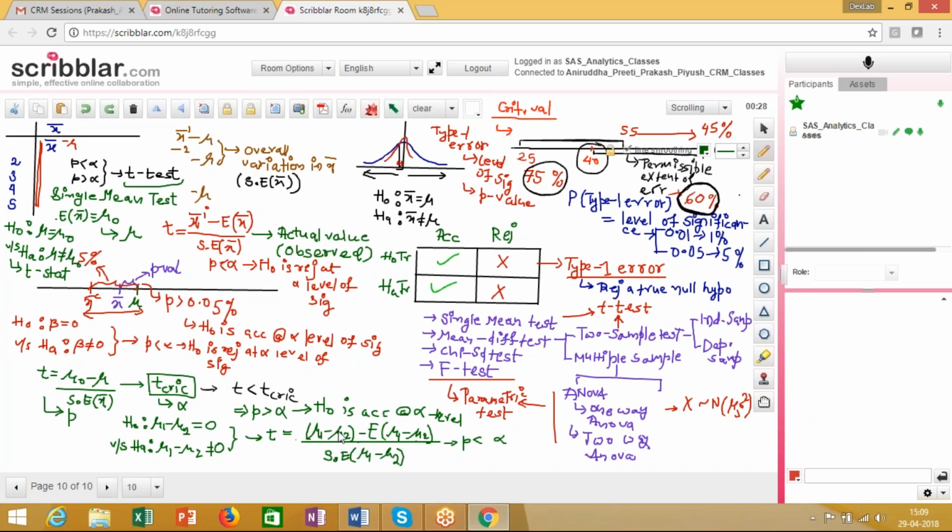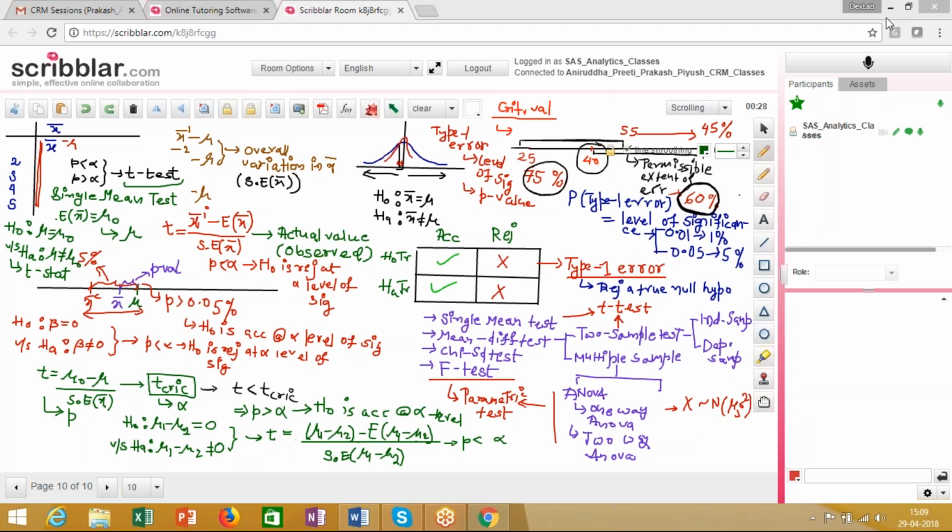Yes, so you are comparing the difference in the means of two groups, right? So what else should you check? Parametric. So as in parametric, as in what, Anirudh?